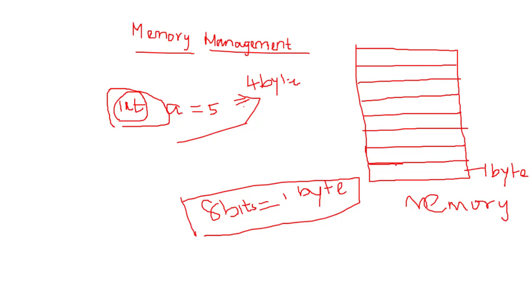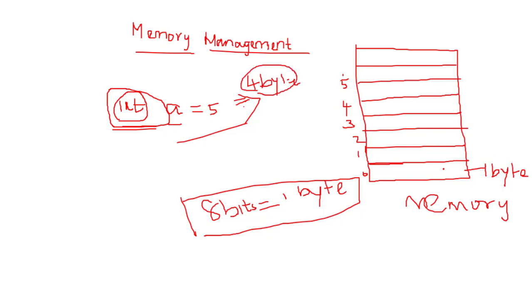Let's consider the memory address of the first block is 0, the second is 1, then 2, 3, 4, 5, going up. If you want to store this integer data type, how many bytes of memory does it require? 4 bytes, isn't it so?